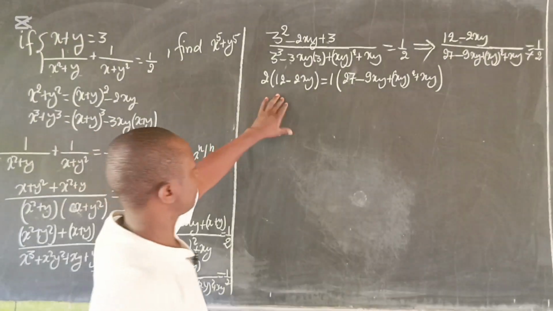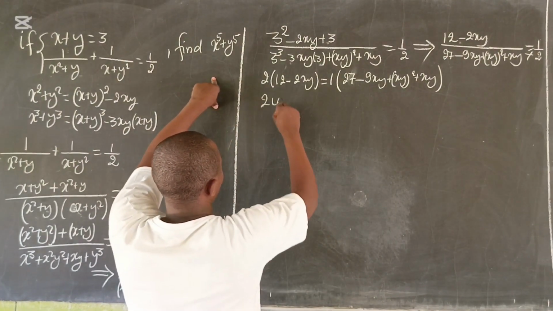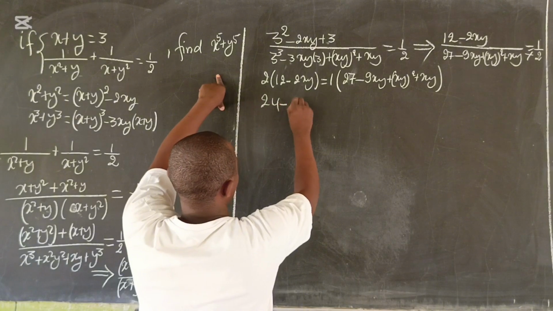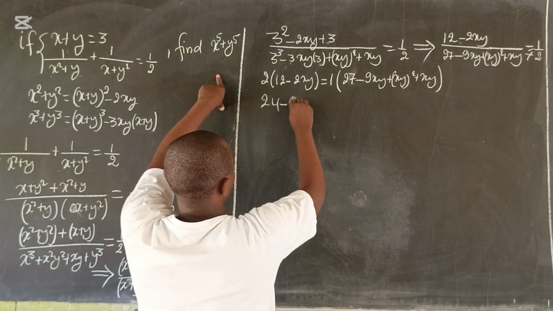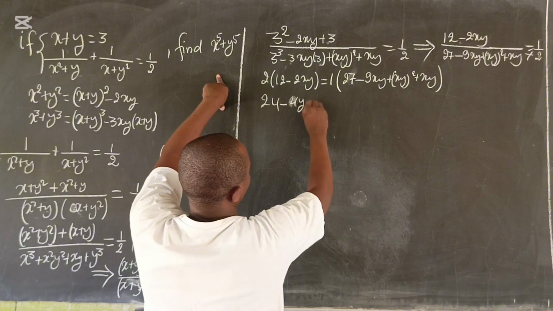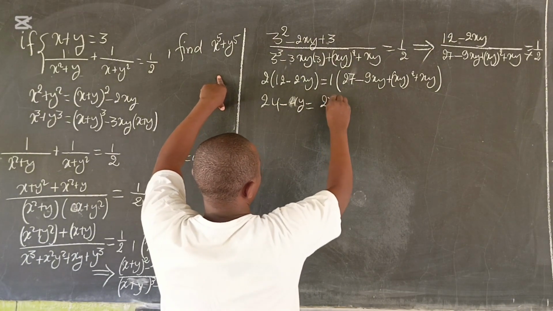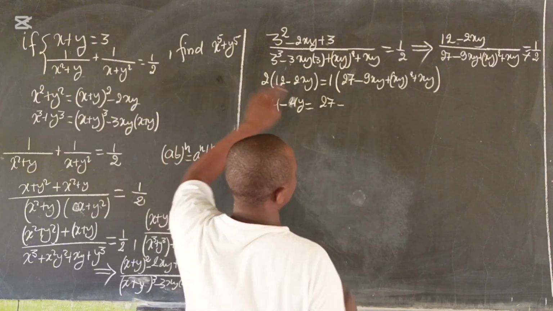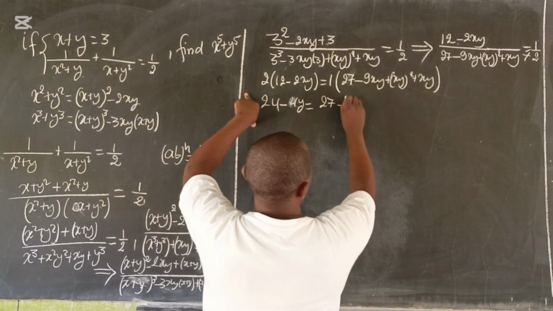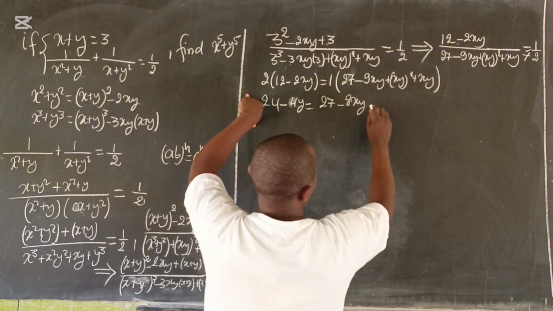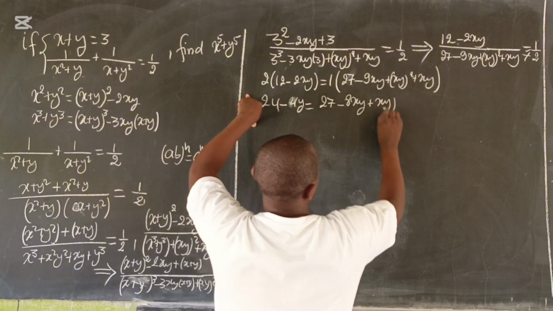Here is 24, 2 times 12, 24 minus 4xy, 2 times 2xy, 4xy. This is 27 minus this, and this will be 8xy plus xy power 2.